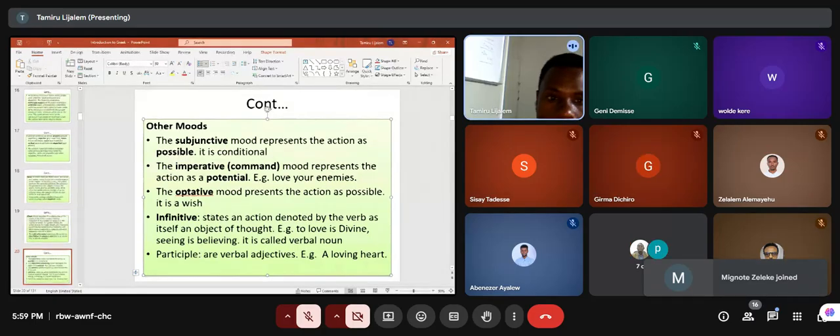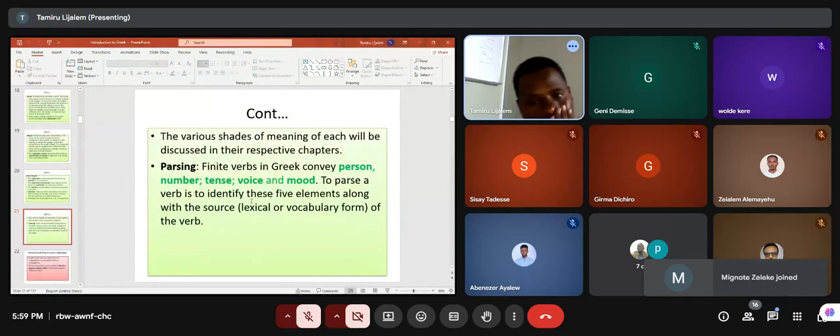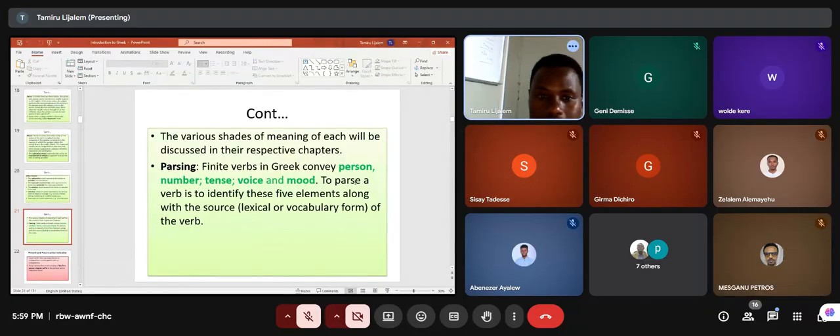And so Greek verbs have five things in common: person, number, tense, voice, and mood.